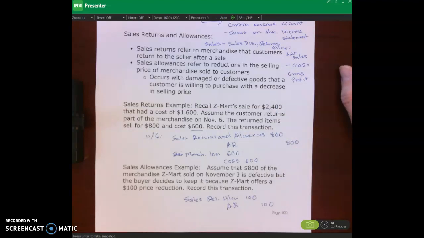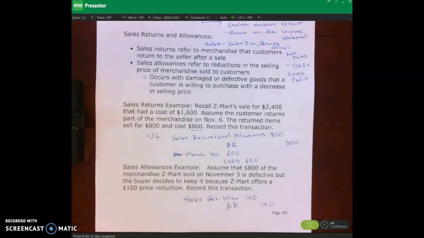Because if you notice that a company has a lot of sales returns and allowances, that could be a problem. That means that maybe what they're selling isn't very good, and that could spell problems for future sales. Okay? So that's why we want to show it separately, in the interest of full disclosure and transparency.